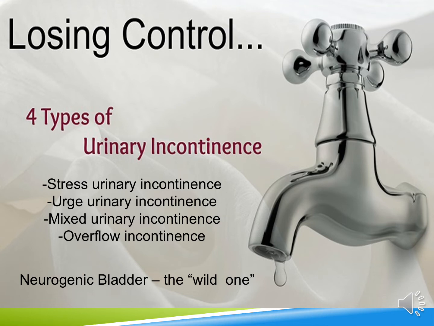Urge incontinence is the state in which the individual experiences involuntary passage of urine, occurring soon after a strong sense of urgency to void. And this can happen especially when they're drinking caffeine, alcohol, increased fluids, increased urine concentration, overdistension of the bladder, like people holding it too long and not being able to get to a bathroom, and in the case of decreased bladder capacity.